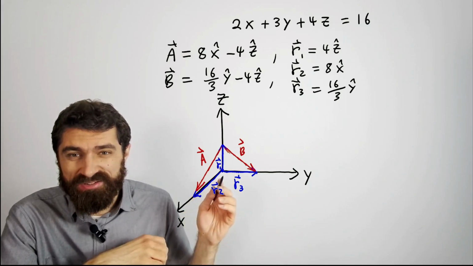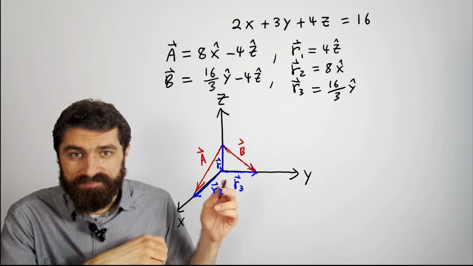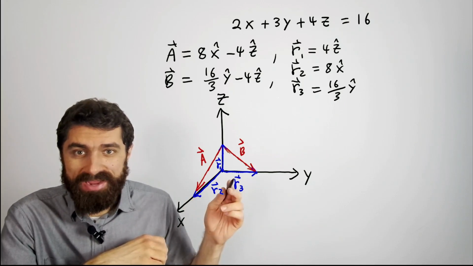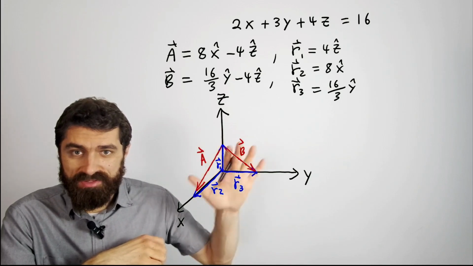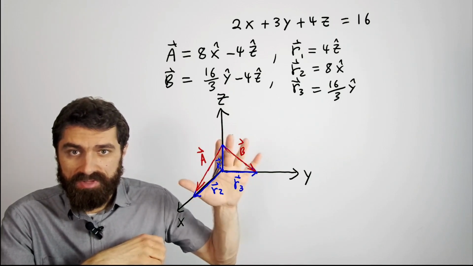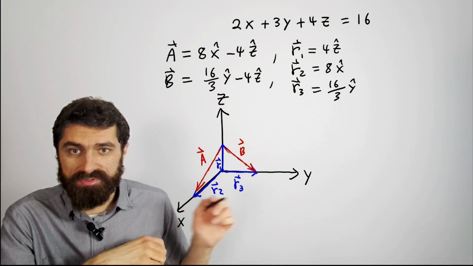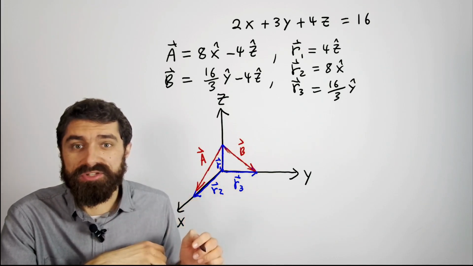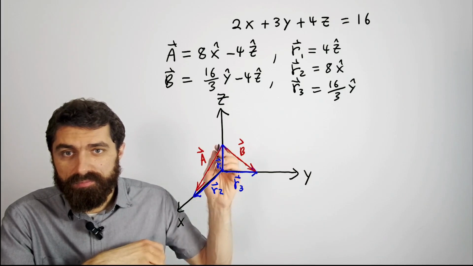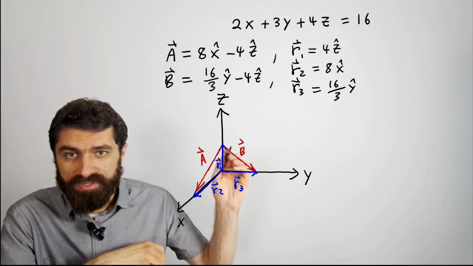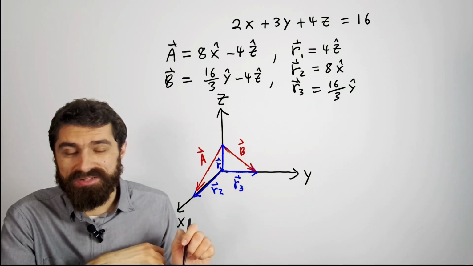And R3 is 16/3 y hat. And so the plane lies right there on top of those three different points or positions. Our vector A points from 1 to 2, and our vector B points from 1 to 3 by doing that subtraction there.